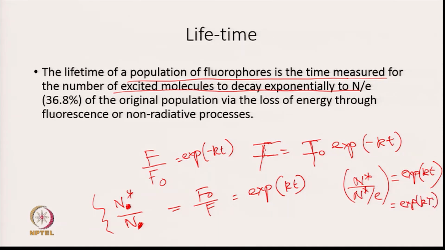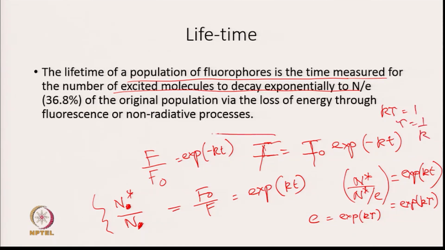So, lifetime is the time required for the number of excited molecules to decay exponentially to n by e. Now, when you solve this, you get e is equal to exponential k tau, and that simply means that k tau is equal to 1, and so tau is equal to 1 by k.